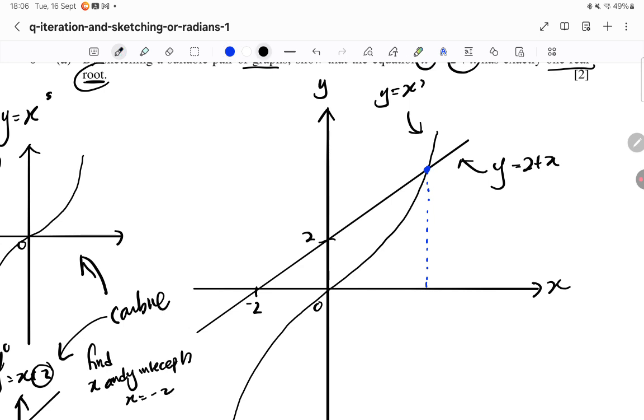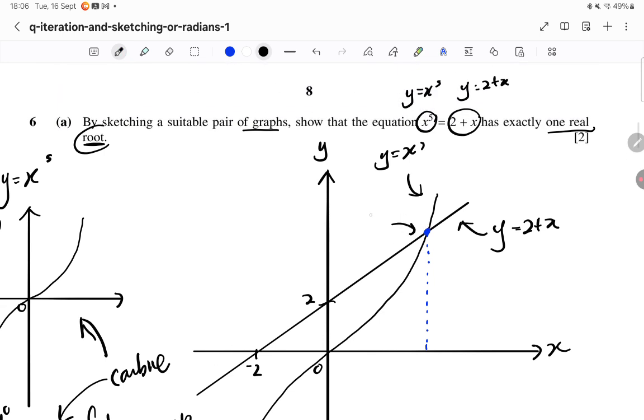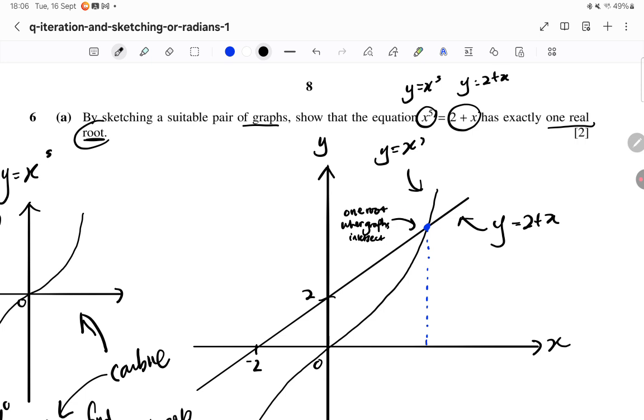Another thing you have to remember is to draw an arrow and say one root where the graphs intersect. You don't have to write too long. You can just write one root, or just show that it's intersecting at this point.